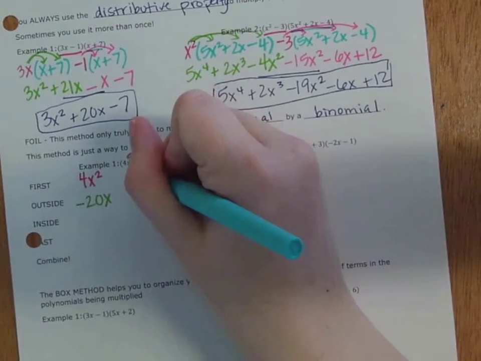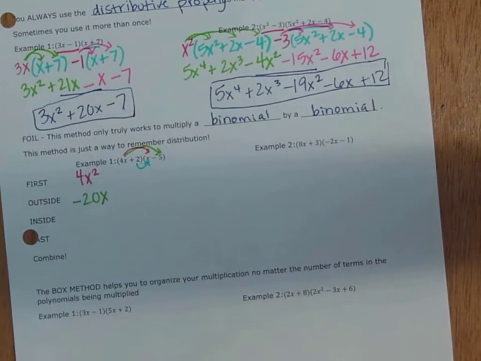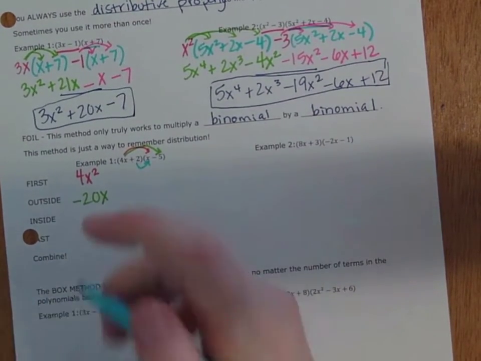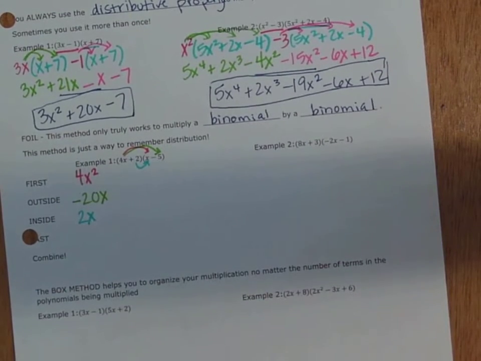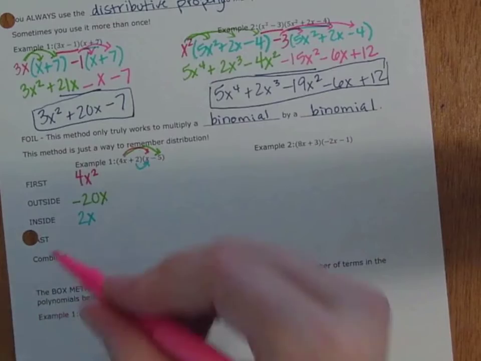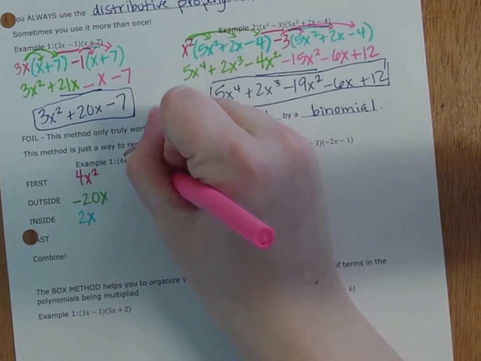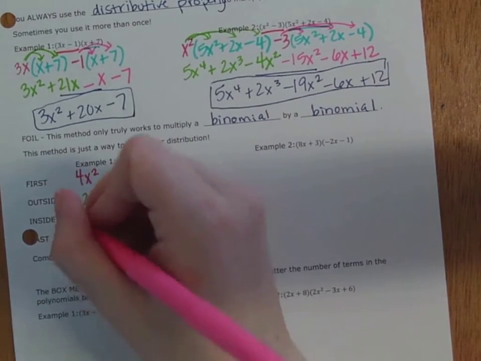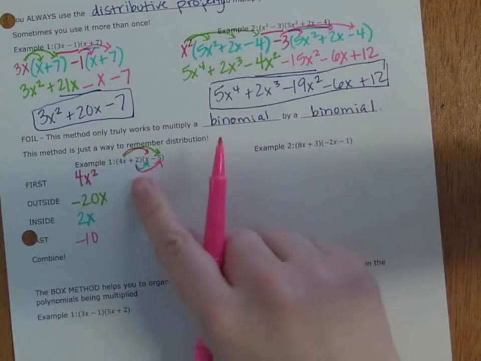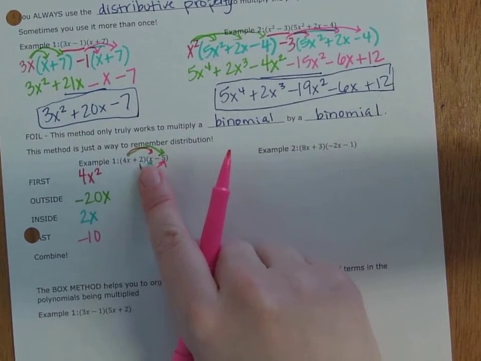Inside means the second term to the first term. So 2 times x is 2x. And last means the second term in the first binomial to the second term in the second binomial. And we get negative 10. So I've just distributed the 2 to both.